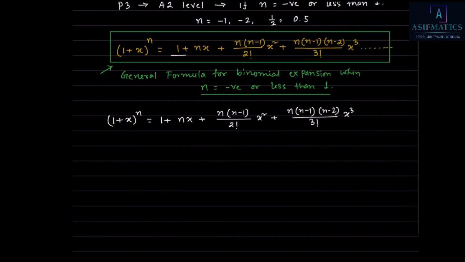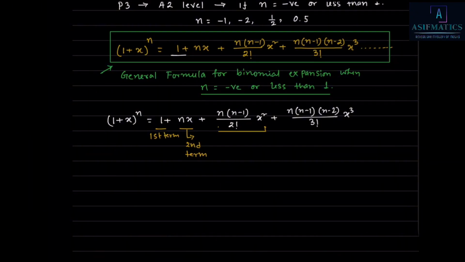Now look at this first term. In this case, our first term is always 1. The first term must be 1. This is our second term. This one is the third term.